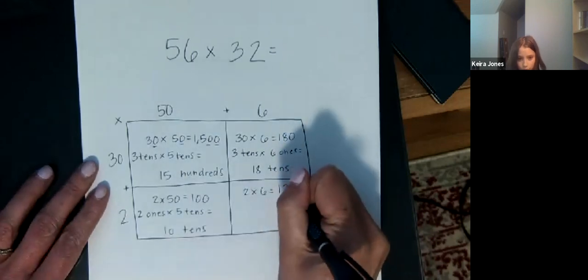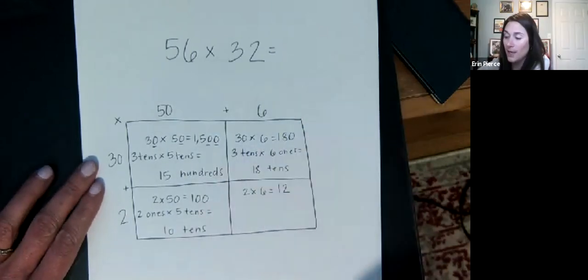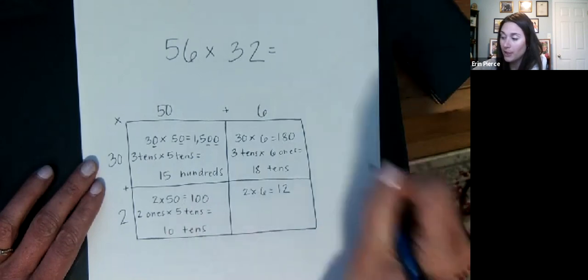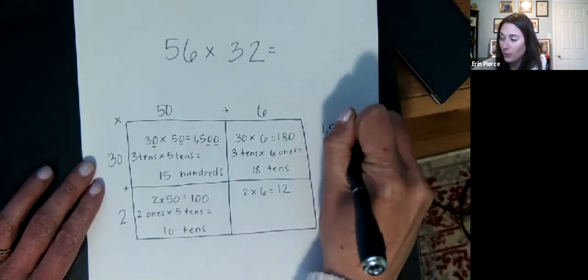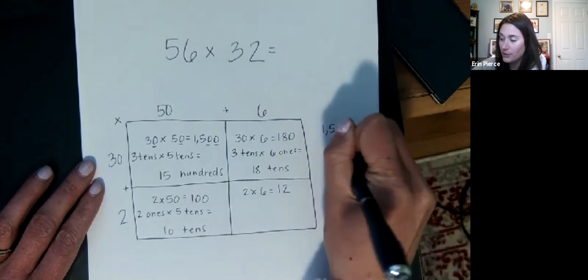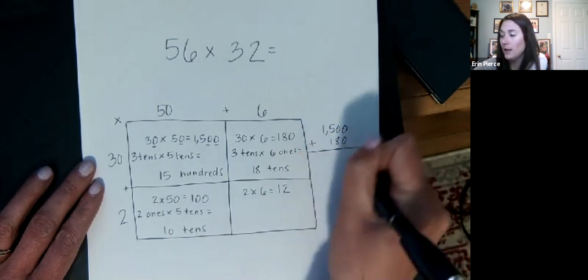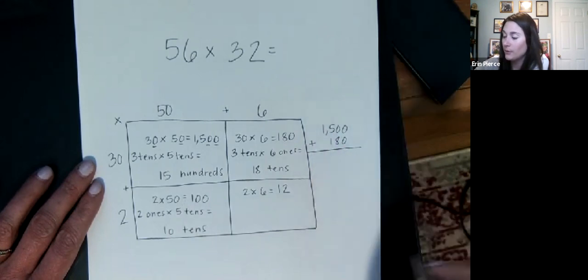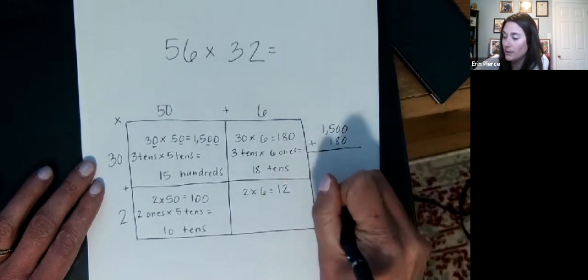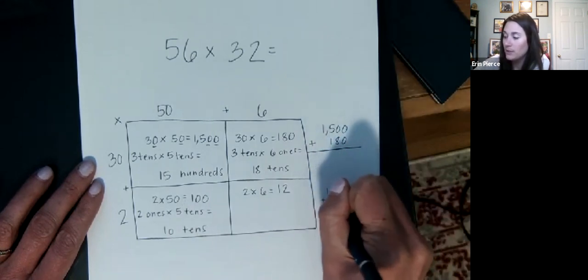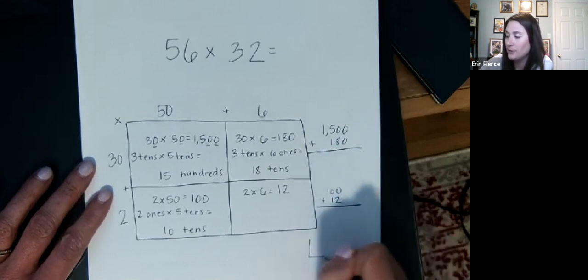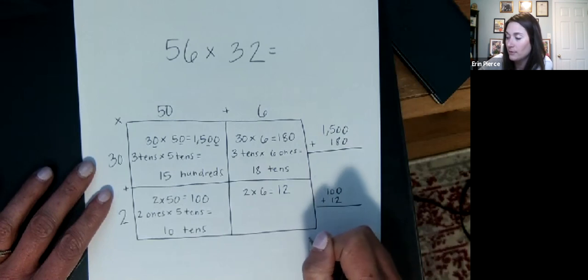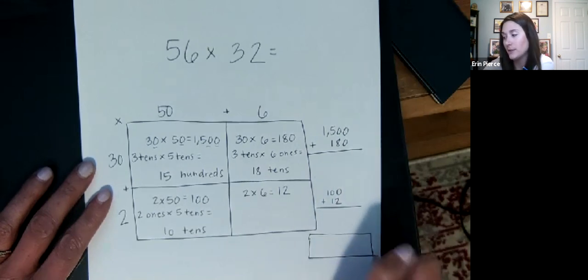So what I'm doing now is I'm going to be adding 1,500 and 180. I'm going to add those two up to get an answer. And I'm also going to be doing 100 plus 12 to get an answer. And then I'm going to add both of those together to get my final answer.